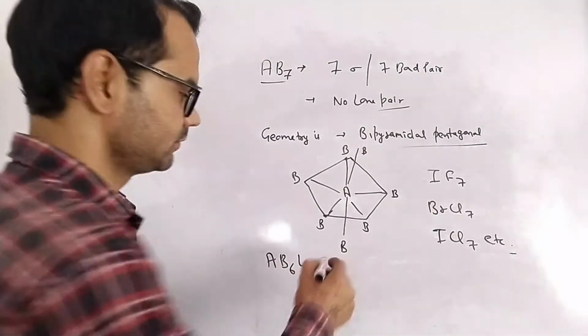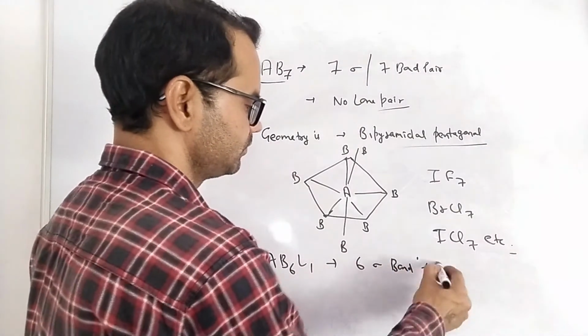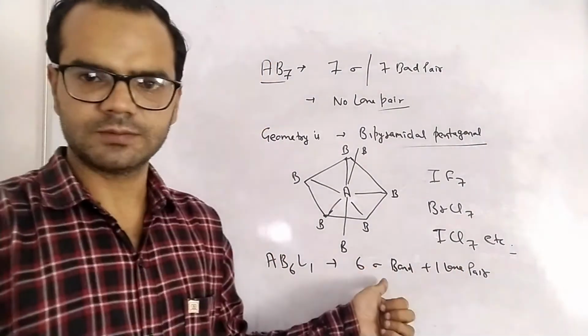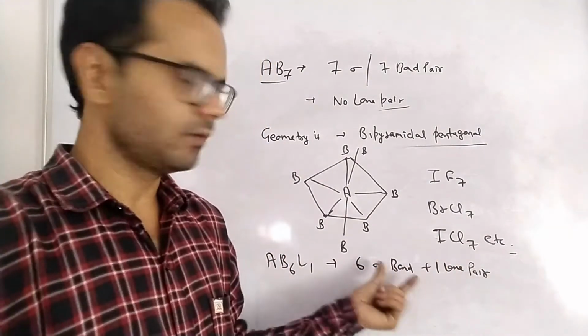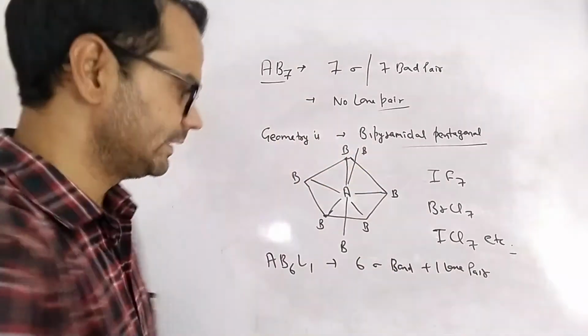Next possible case is AB6L1, 6 sigma bonds and 1 lone pair. Total number of bonds again is 7. Hybridization is sp3d3.